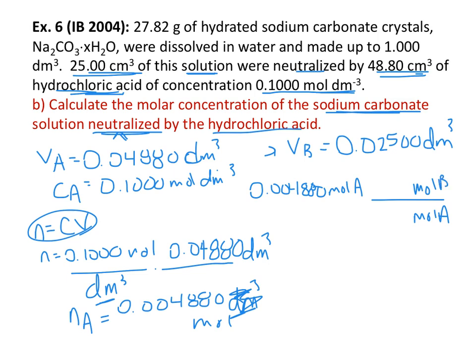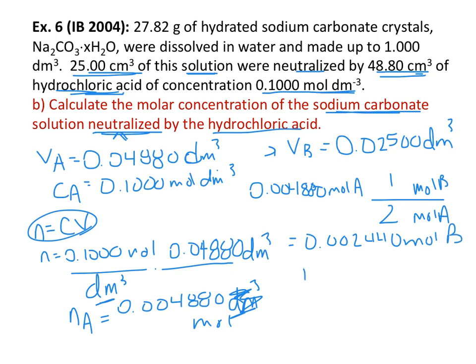If I go back to the balanced equation from part A, which I don't have on the screen, for the moles of acid there was 2 for the hydrochloric acid, and for the sodium carbonate there was just 1. So basically I need half as many moles for the base. So it's going to be 0.002440 moles of the base.